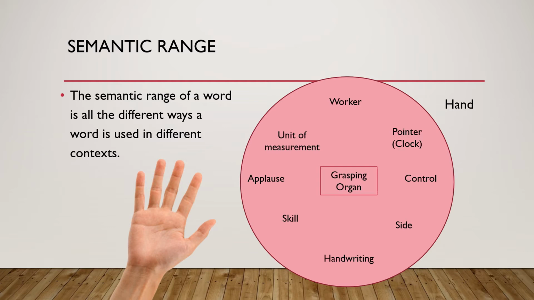I have all these different definitions of hand here. They're all based upon the grasping organ, but if we were writing something, we would hope that people would identify the proper usage of the word hand in our context so that it would actually make sense. But what would happen if we confuse that?